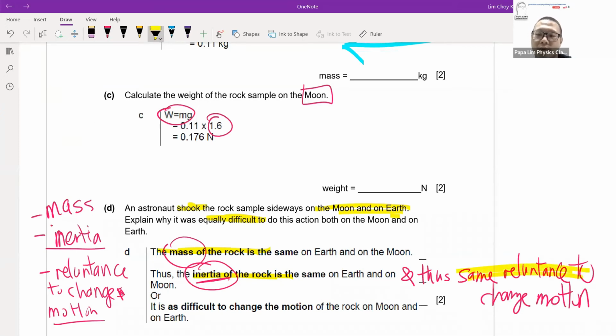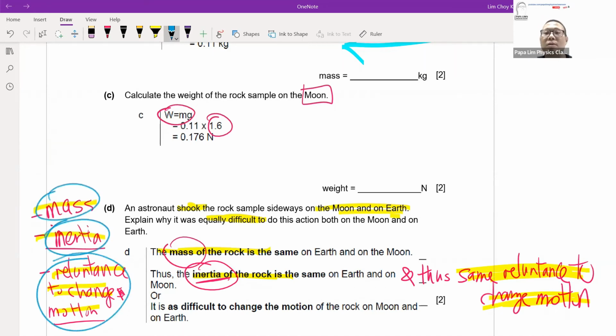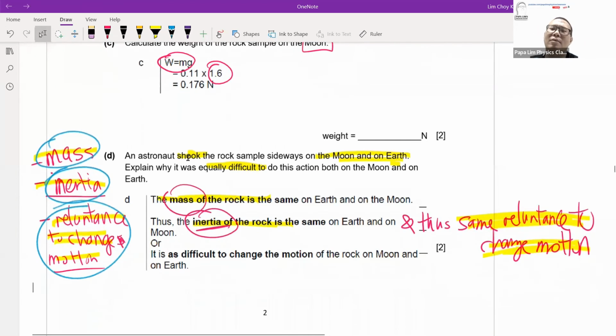Most of the time, whenever the questions need the students to apply inertia, usually the answer will encompass these three keywords: mass of the object, link it to inertia, and explain what happened using the words reluctancy to change motion. This is what we mean by the standard keywords that we always try to embed inside the answer.